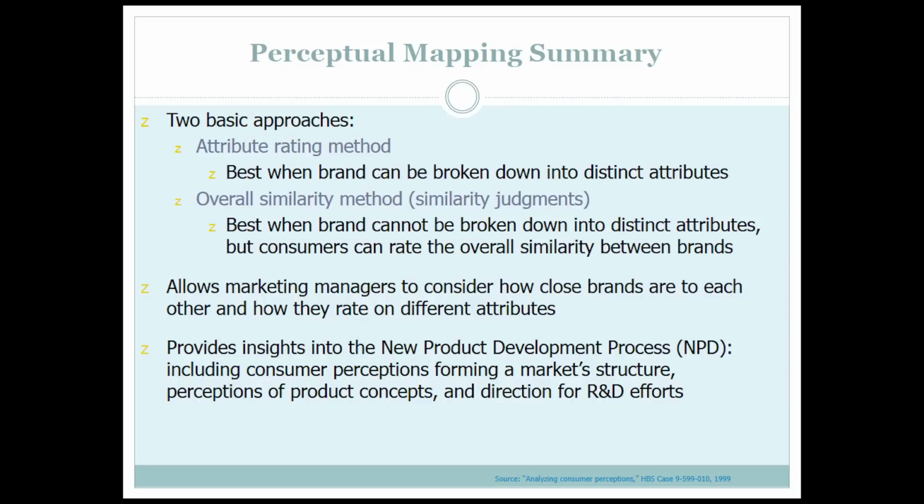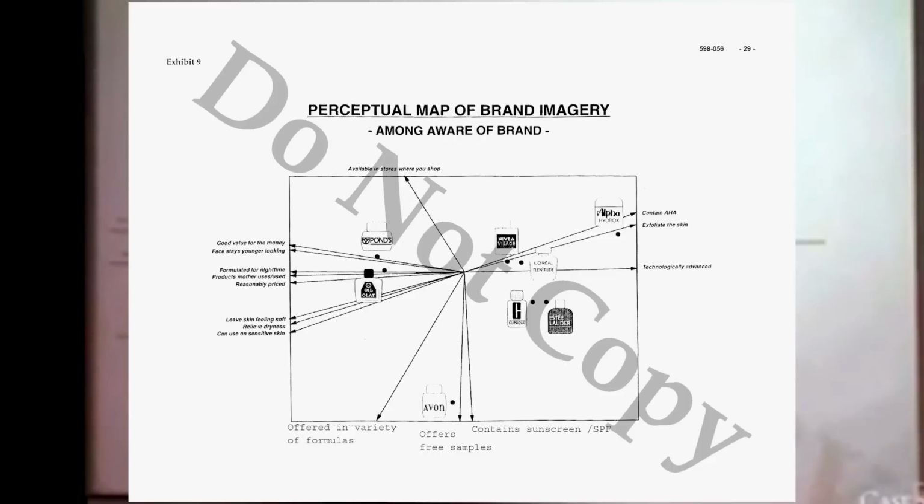So one of the things you're doing in the L'Oreal case is looking at a perceptual map, and that perceptual map looks a lot like this one. When you look at your perceptual map, some of these cases don't have these things at the bottom.